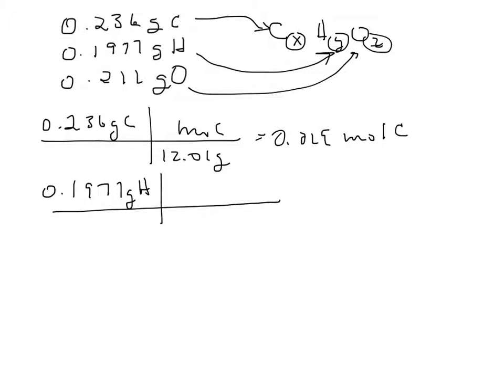0.1977 grams of hydrogen divided by 1.008 grams per mole gives us 0.01961 moles of hydrogen.